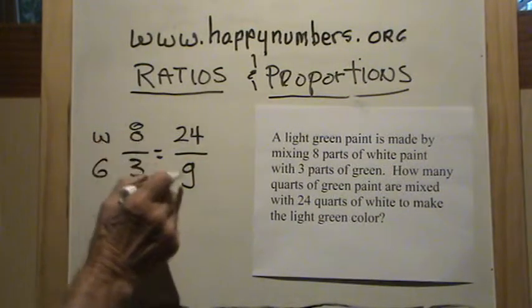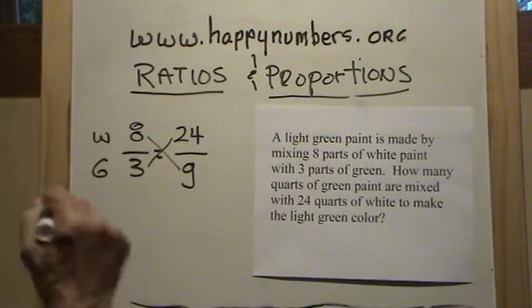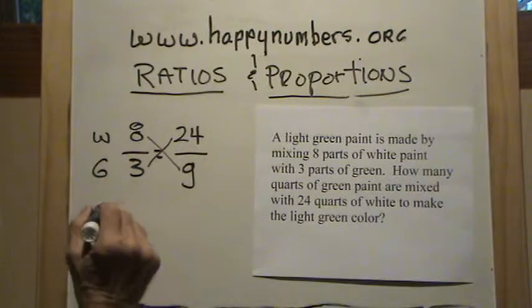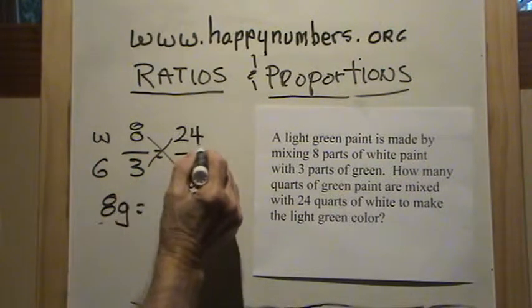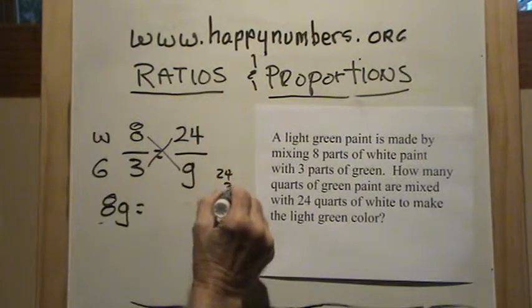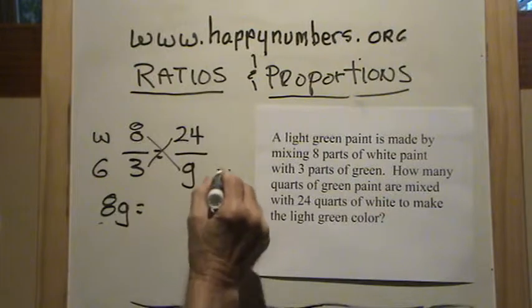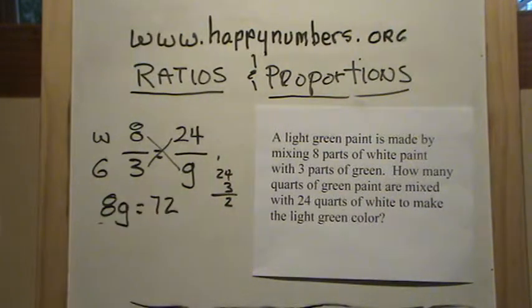Well, now we know if we cross multiply, our cross products would be equal. So 8 times G would give us 8G equals 3 times 24. Well, let's see, 24 times 3, that's 12, carry the 1. 6 is 72.